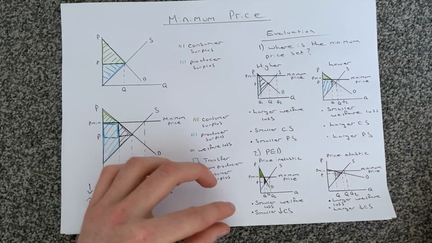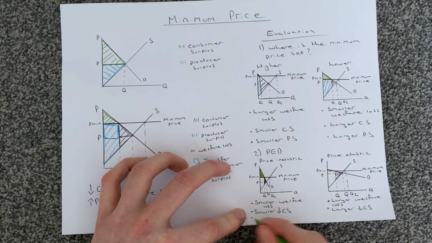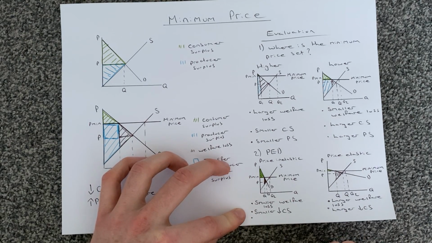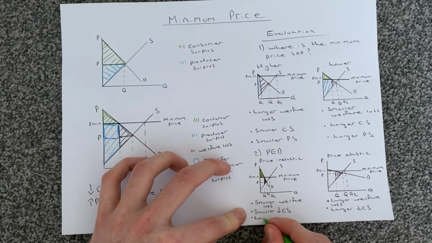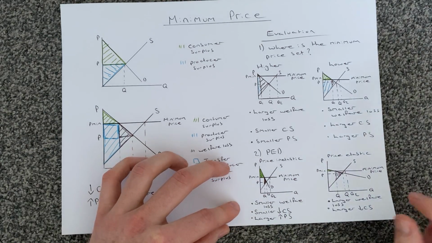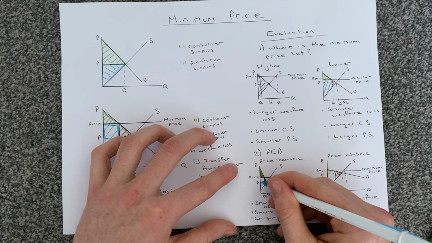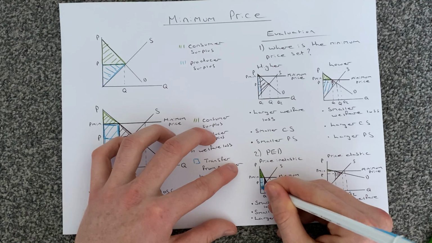And then finally, the impact upon the producer surplus. What we see is that there has been a larger increase in the producer surplus with regards to a product that is price inelastic. We'll just shade that in blue.